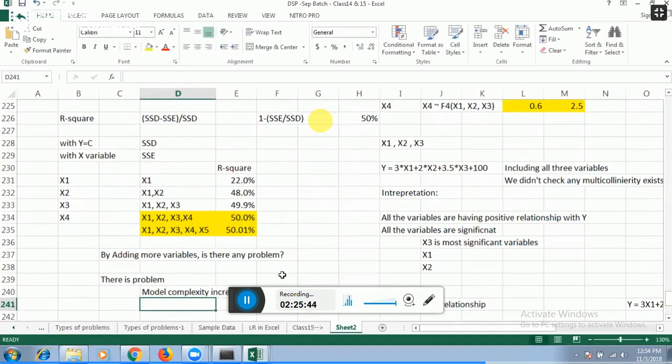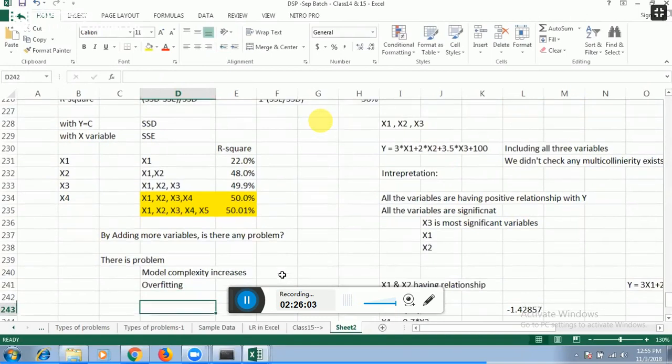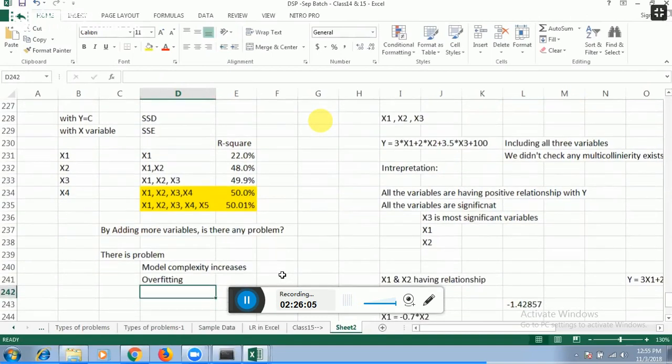If you have one dimension, two dimensions, three dimensions, n dimensions, the complexity of the model increases, and that will create a problem of overfitting. What do you mean by overfitting?